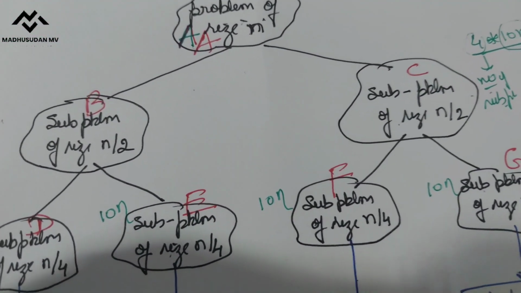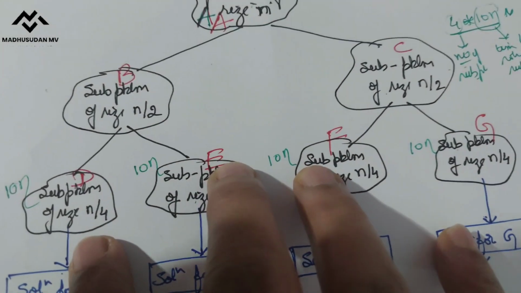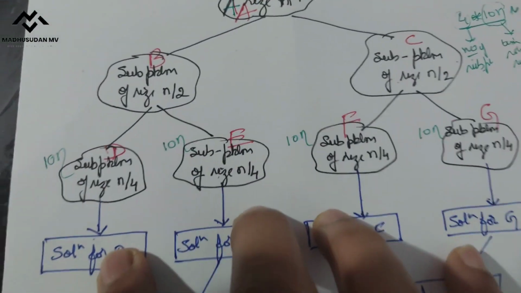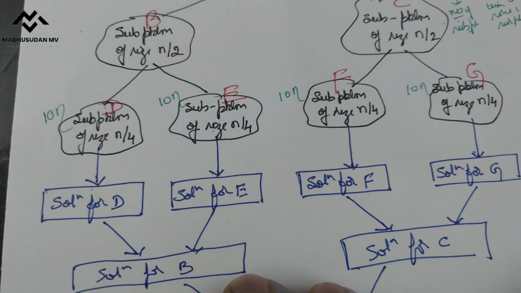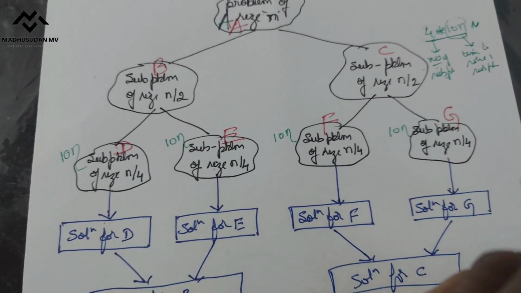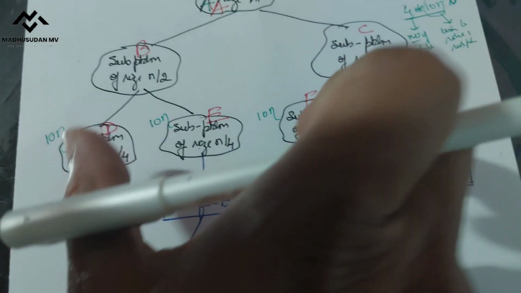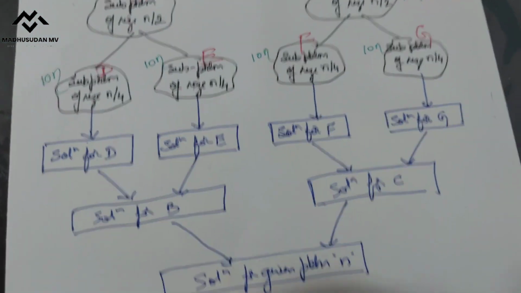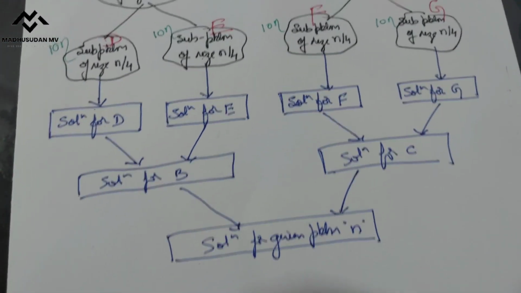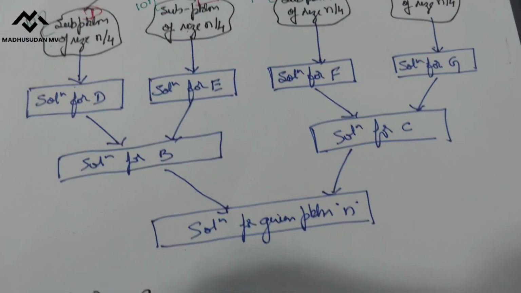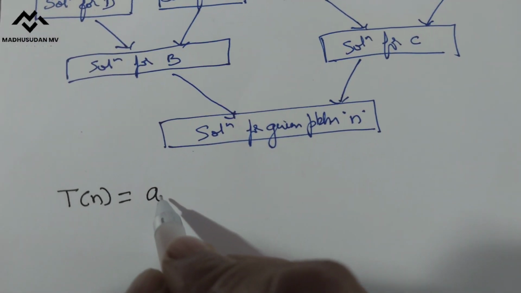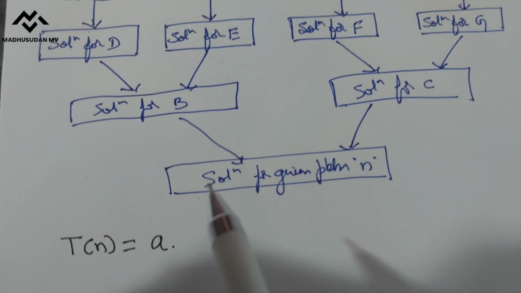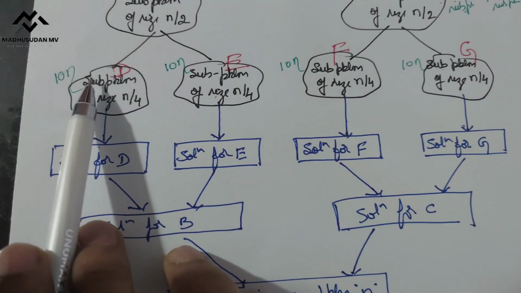How many subproblems are we having here? In this example 4, but if I go to the next level, 8 subproblems, the next level 16, 32. We don't know. It may have 2, 4, 8, 16, 32 subproblems. It may go anywhere. So in general, I will take a number of subproblems, and to solve one subproblem I take some time.